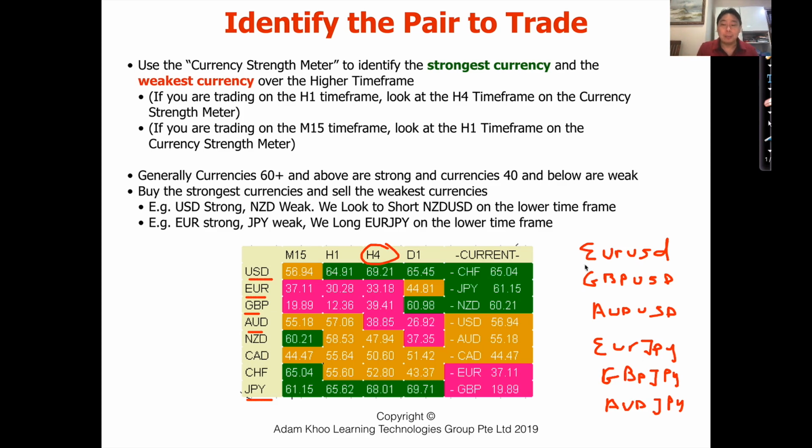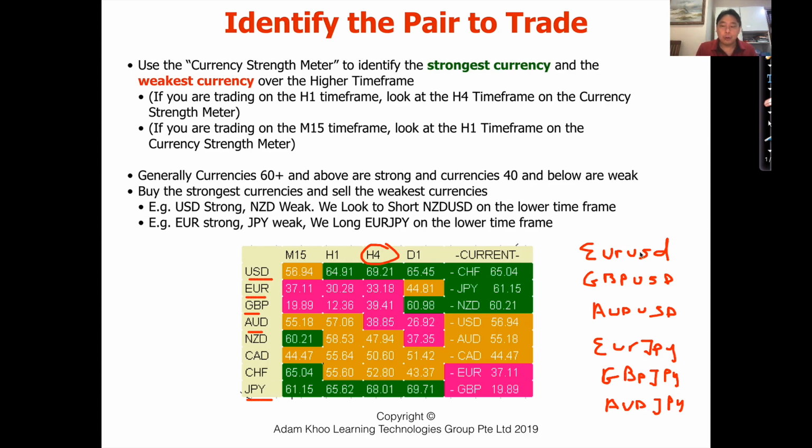Again, I'm going to look at these pairs on the lower time frame, which is the H1 time frame. Remember, we use the higher time frame, in this case H4, to look at the pairs to focus on, and we drill down to the lower time frame H1 to look for the setup. So for all these pairs, what am I looking for?